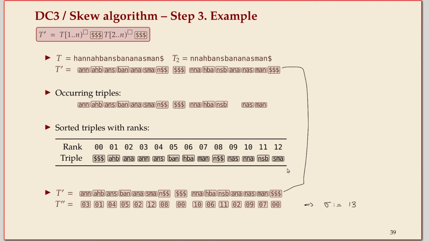Back in Unit 3, I mentioned this, that if we are sorting integers, and well, characters are nothing but integers, and the range is not too big, you can do it in linear time. And here we applied this idea over and over again until, with the help of this clever recursion of 2/3, 1/3, we could reduce the whole problem of sorting suffixes to sorting integers from a small range. That's the ingenuity of the DC3 algorithm.